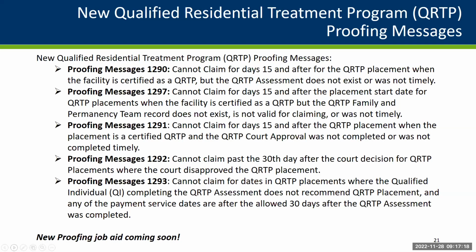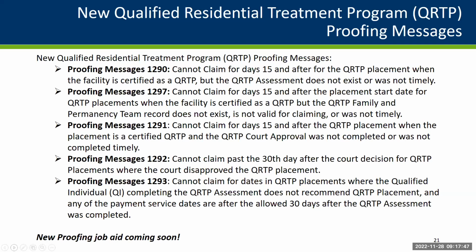And this slide is just showing a few more of the proofing messages that we have entered into SSIS regarding QRTP placements. I'm not going to go into detail with each proofing message. I am working on the child foster care proofing message documentation that provides the condition and the possible solutions to fix each of these proofing messages.